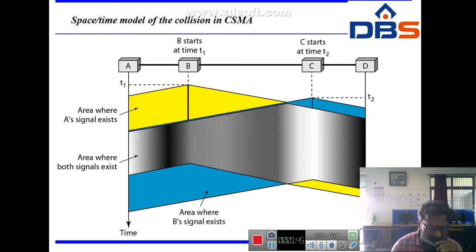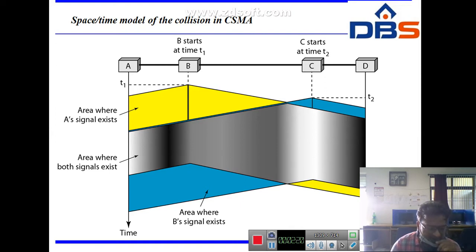The CSMA method was developed so that collision can be reduced if a station senses the medium before trying to use it. So in CSMA, the collision of data frames will be reduced.